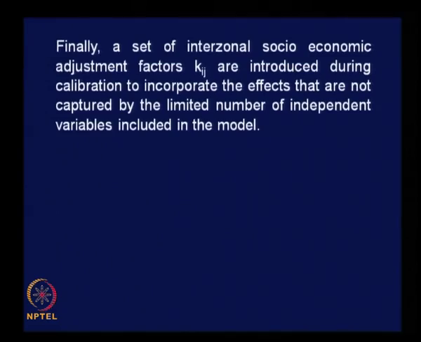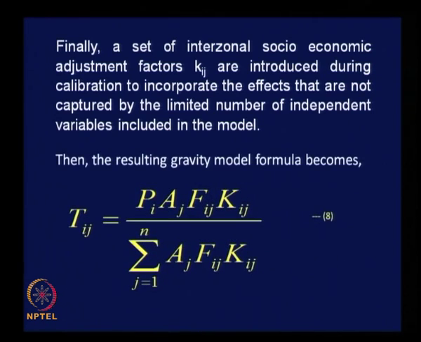So, that is the purpose of introducing this particular factor indicated by small Kij, the zone to zone adjustment factor, to take into account the effect of socio-economic connectivity between zonal pairs. Okay. Then the resulting gravity model formula becomes as given in equation 8.